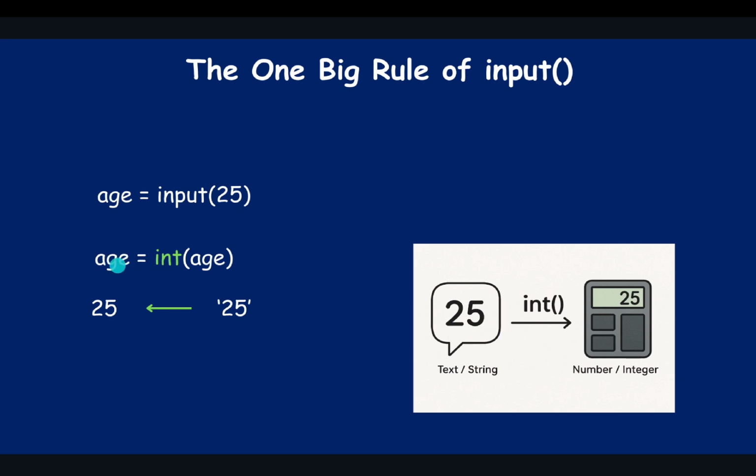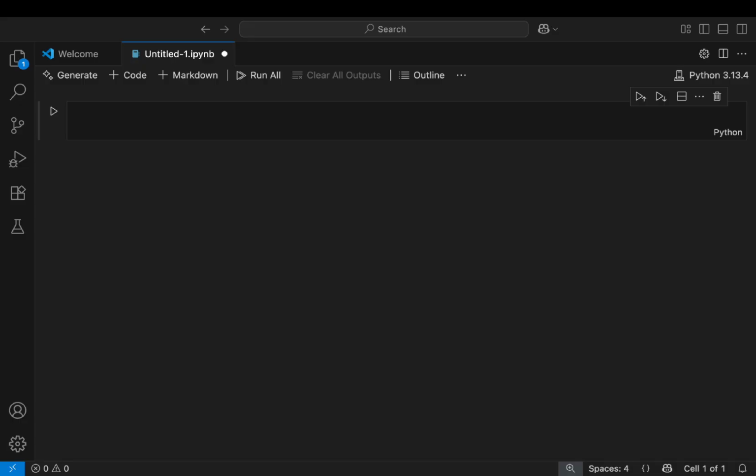So this age here after this line will be this integer. Now we can use this integer value. So now after this line of code, this age will be of type integer, so we can use this in our math operations.